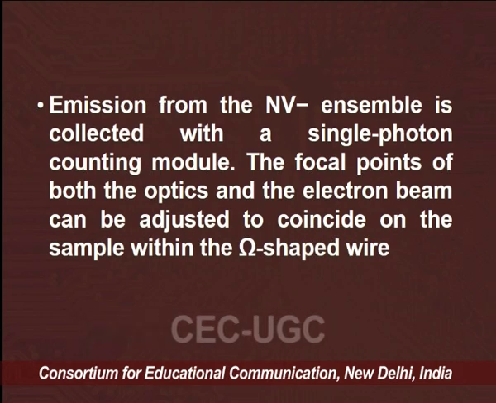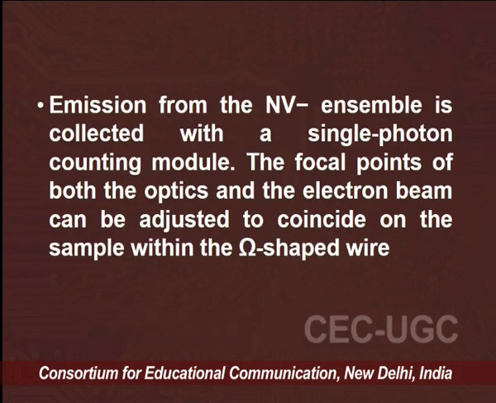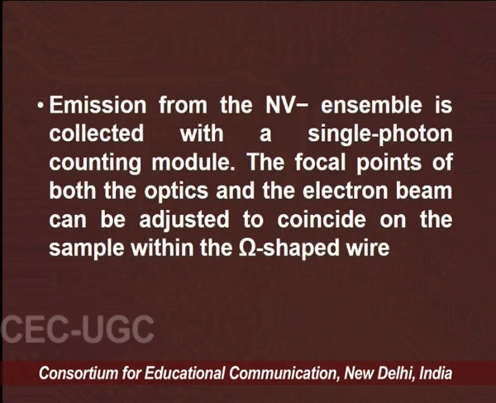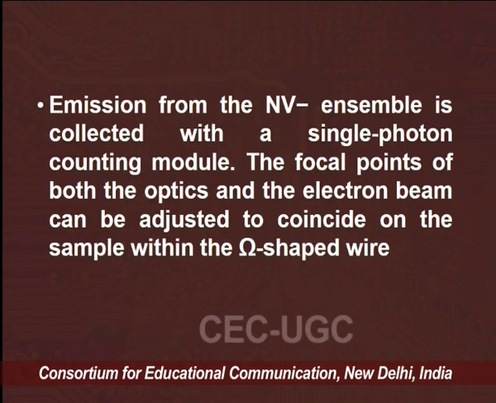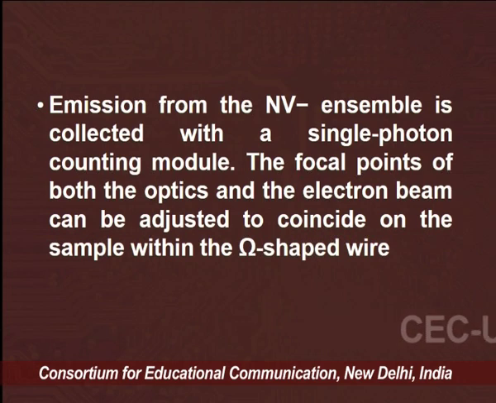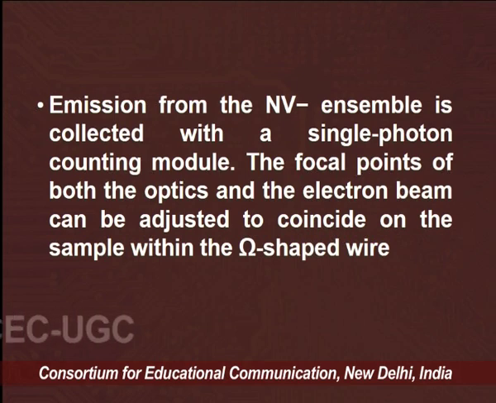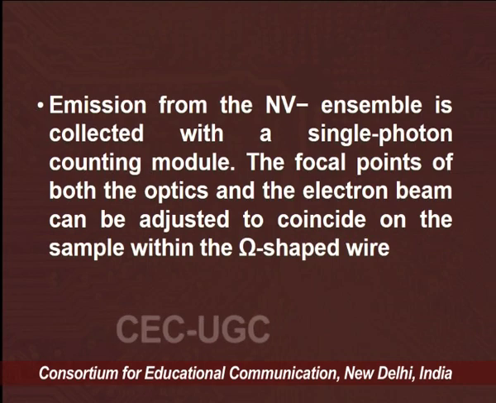Emission from the NV ensemble is collected with a single photon counting module. The focal point of both the optics and the electron beam can be adjusted to coincide on the sample within the omega shaped wire.